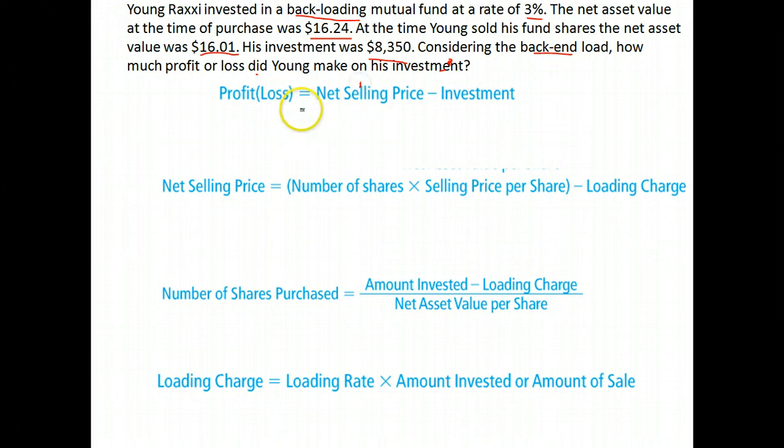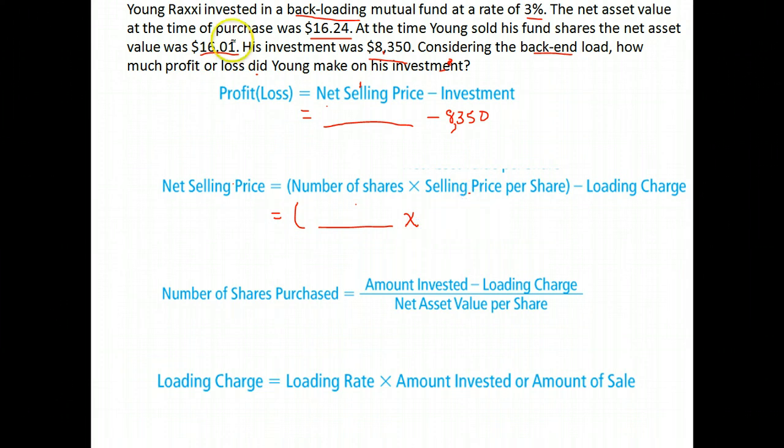Okay, well, our profit or loss is going to be the net selling price, which we don't know right now, minus the investment. We do know the investment. He invested $8,350. Okay, let's go down a step. We're going to fill these things in as we find them. We need to find the net selling price so we can find the profit. So we take the number of shares, which we don't know yet, times the selling price per share.